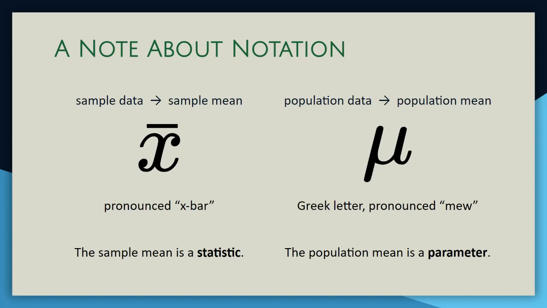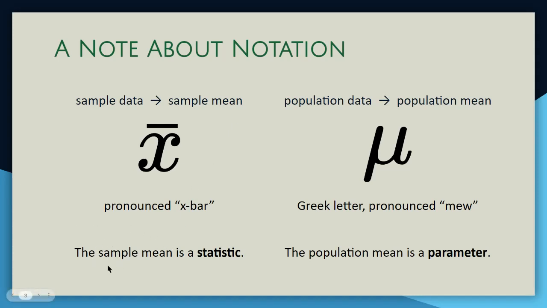We can calculate the mean using sample data pulled from a small subset of the population we're interested in, or we can calculate the mean based on all of the data from the entire population. If we are using sample data to calculate the sample mean, we use the symbol x bar, which is just the English letter X with a bar over it.